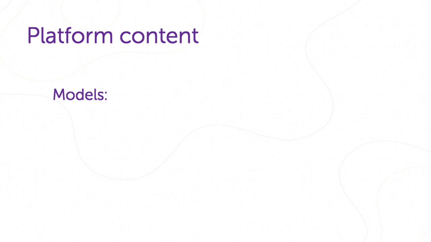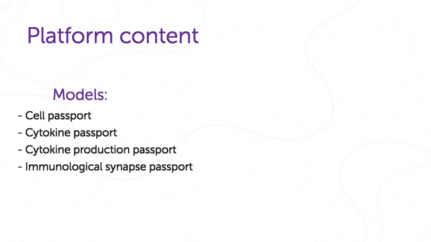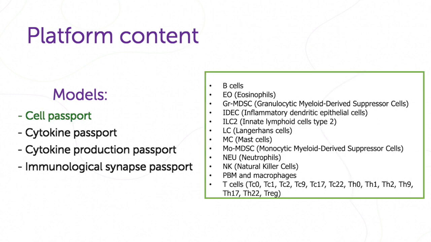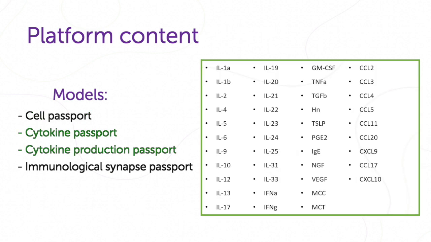Now the platform contains the following types of submodels: cell passport, cytokine production passport, and last but not least, immunological synapse passport. Cell passports contain the information about all important immune cells.